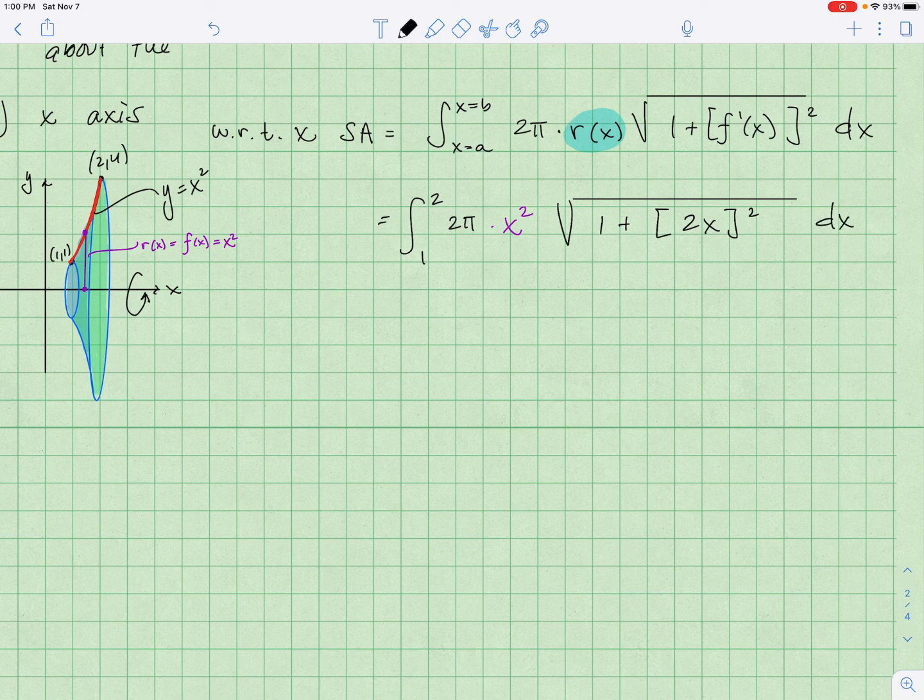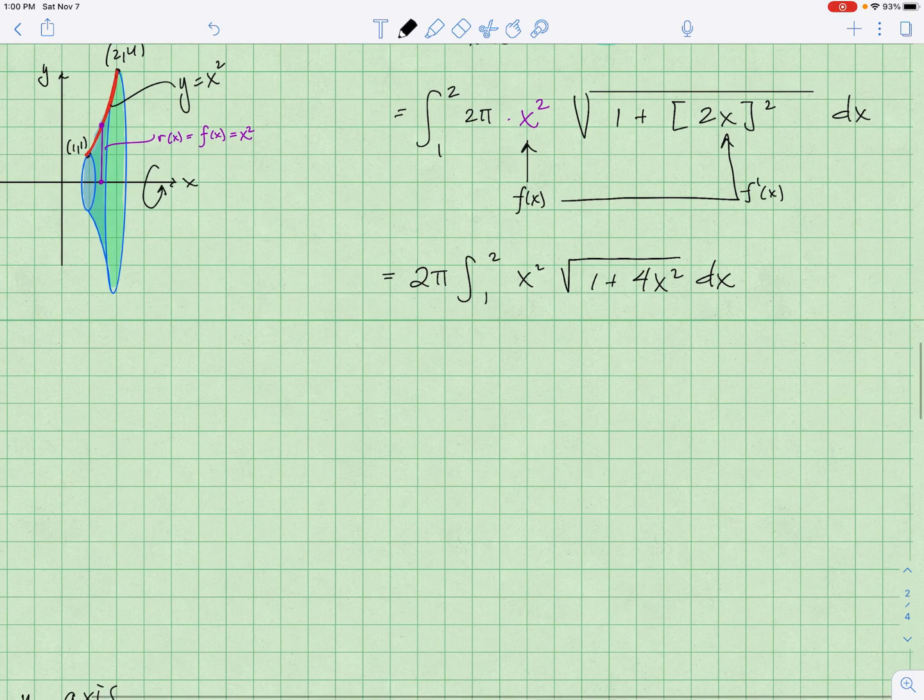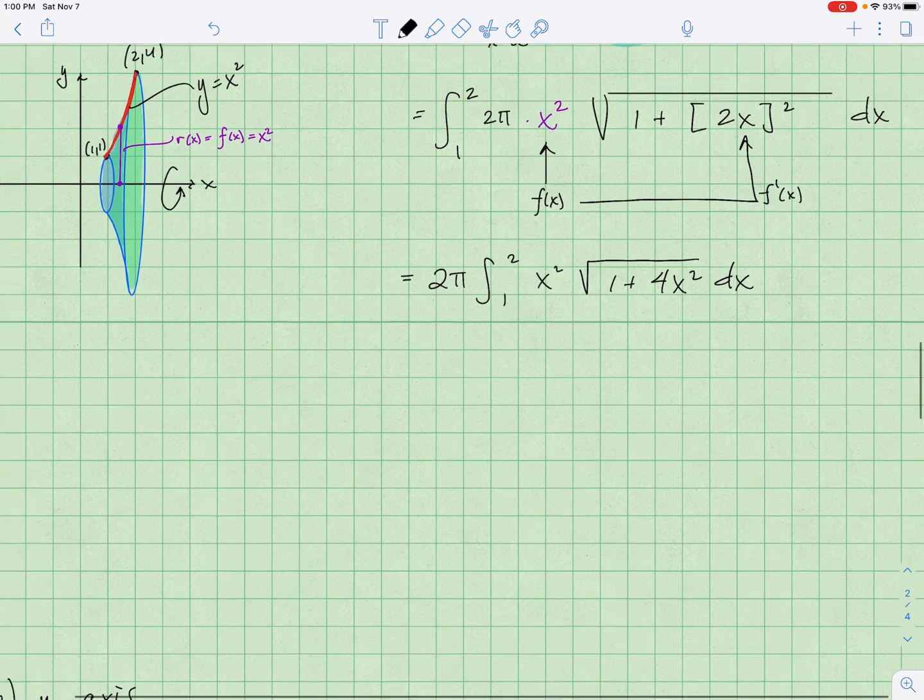So this was f of x, and this was f prime of x. Okay, and that's going to be equal to, if we factor out the 2 pi, the integral from 1 to 2 of x squared times the square root of 1 plus 4x squared dx. And there's the setup. This particular problem is probably best done with a trig substitution.